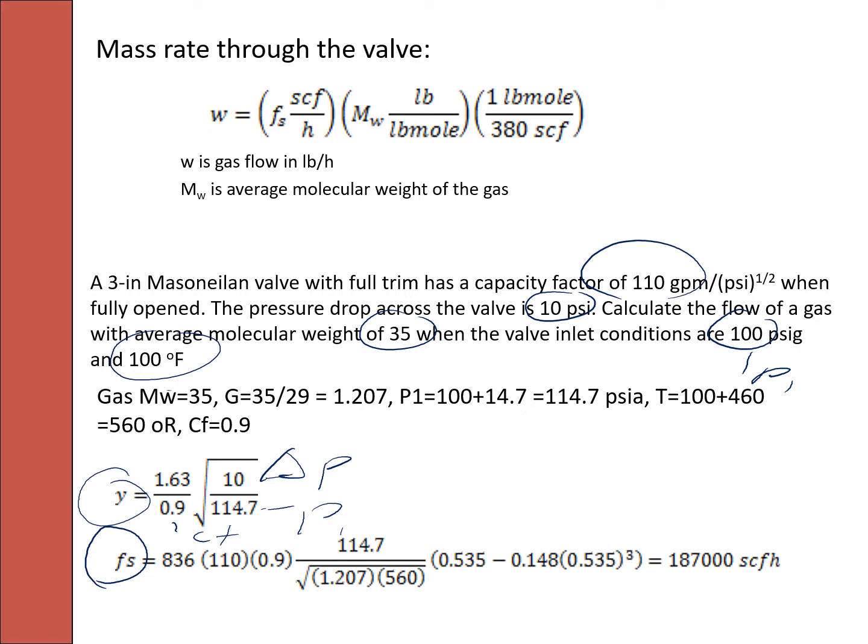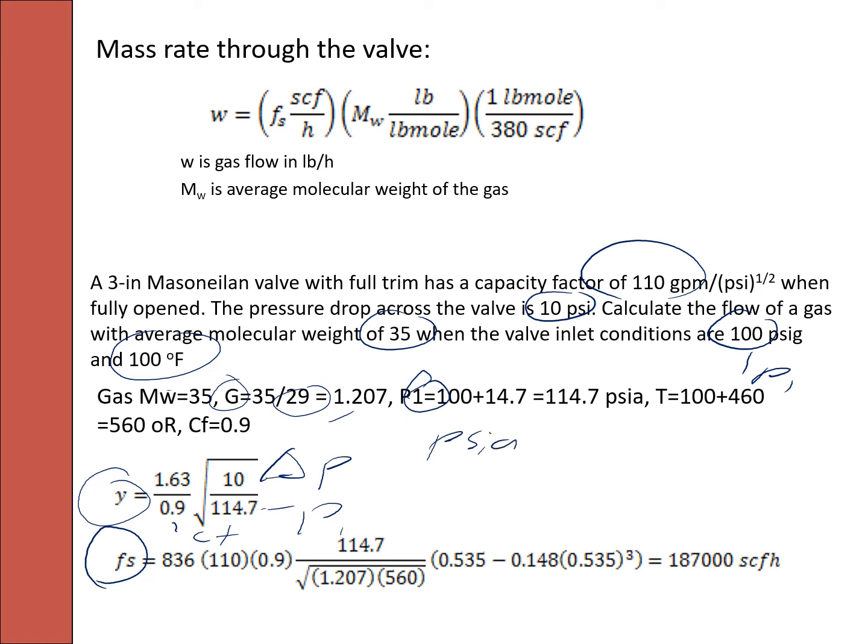For example, the value of G. Normally for the standard reference gas, we will refer to 29. You need to change the specific gravity first, and P1 also, because P1 must be in psia, and the value that we get is 100 psig.